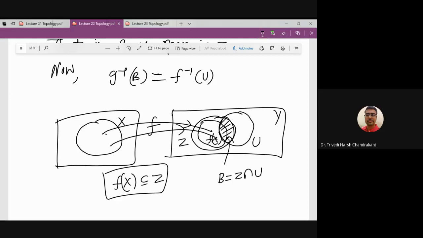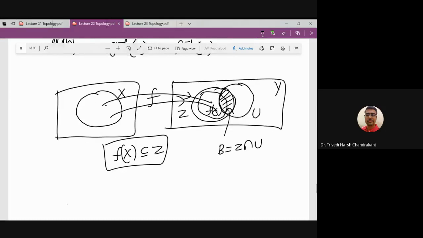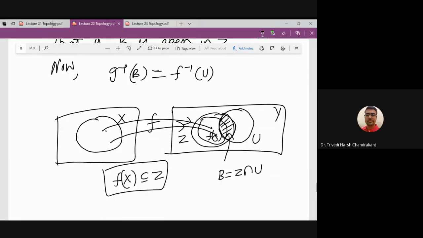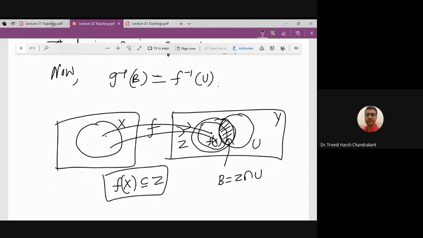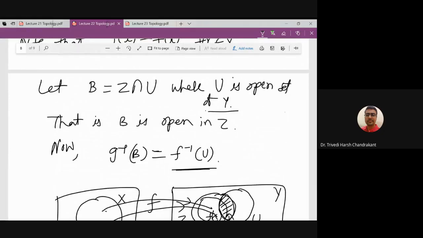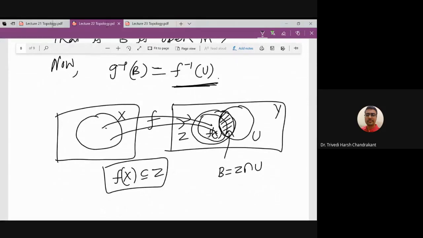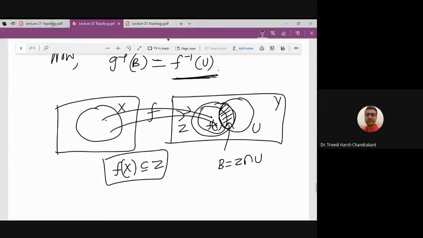Just observe this. You can even take some function and try to understand this. Once we get this, it is quite clear, because f is a continuous function and U is an open set in Y. Therefore, f inverse U is open because f is continuous.